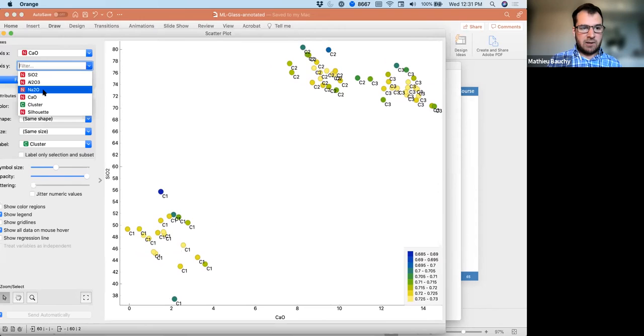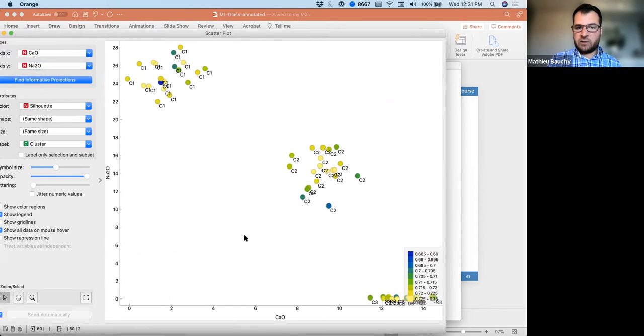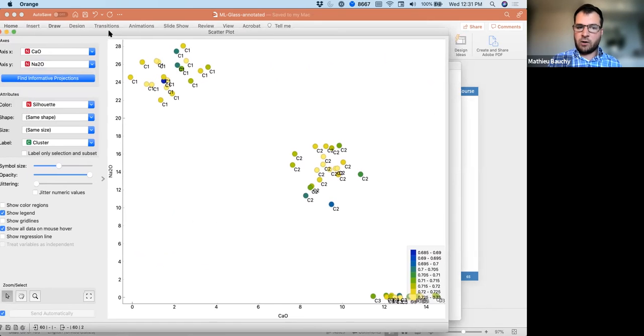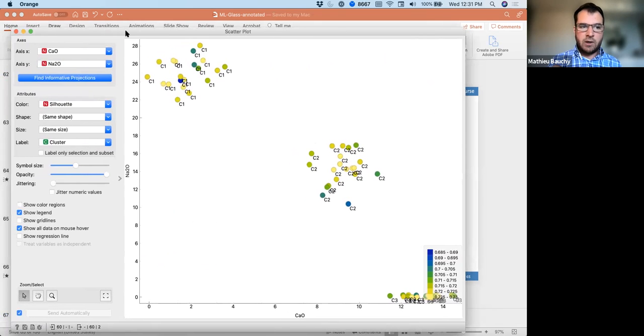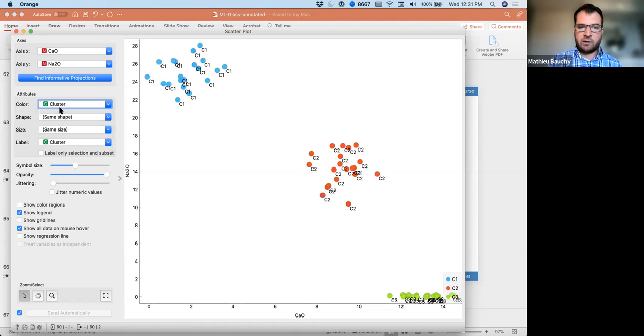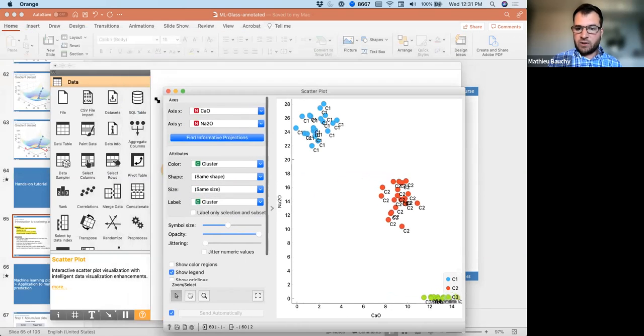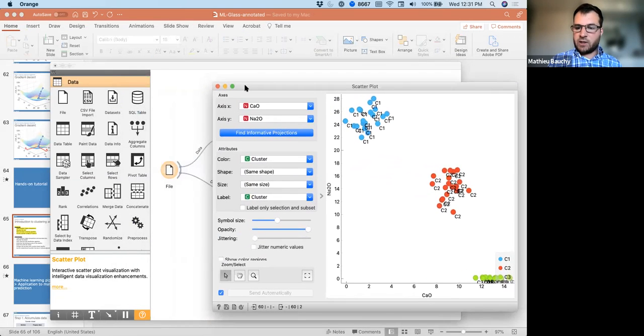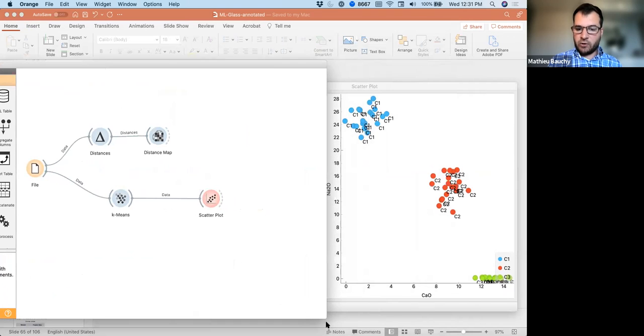I think maybe still using calcium oxide on the x-axis and sodium on the y-axis is probably still a clear representation in this case. So now let's see what kind of clustering has been done, for which I can assign the color of each data point based on the cluster that was found by Orange, right?